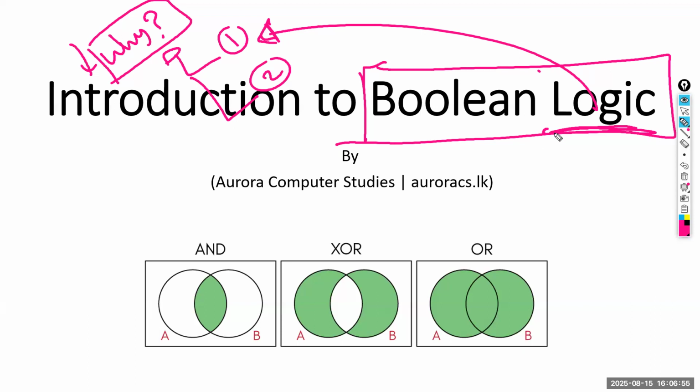So this is the most important topic, simple as that. Without understanding logic, you will never understand how the computer processes data, how to write computer programs, and so on.